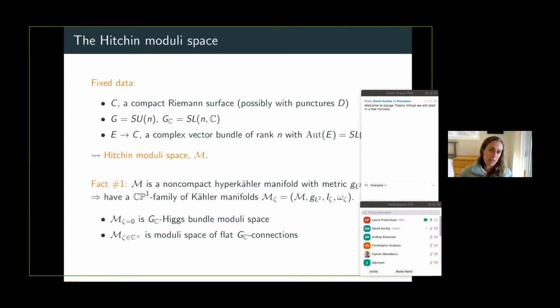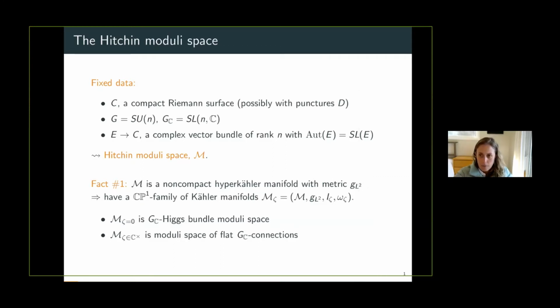So we'll fix a complex vector bundle E of rank n over C, and we'll only consider automorphisms of E which fix the determinant of E. So we have SL(E) automorphisms.